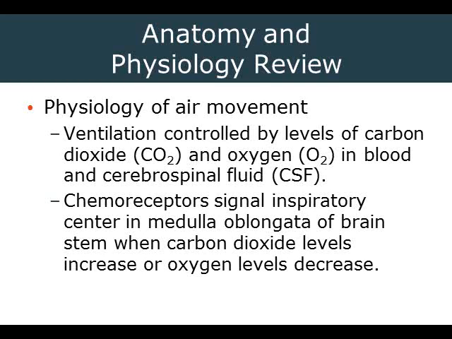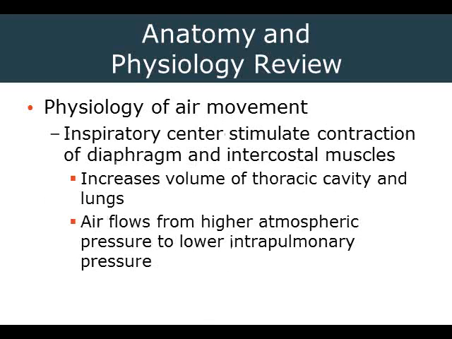When carbon dioxide levels are high or oxygen levels are low, it says go ahead and breathe. The inspiratory center stimulates the contraction of the diaphragm and intercostal muscles. A signal is sent usually via the phrenic nerve and a couple of accessory nerves down into the chest, and the phrenic nerve runs the diaphragm.